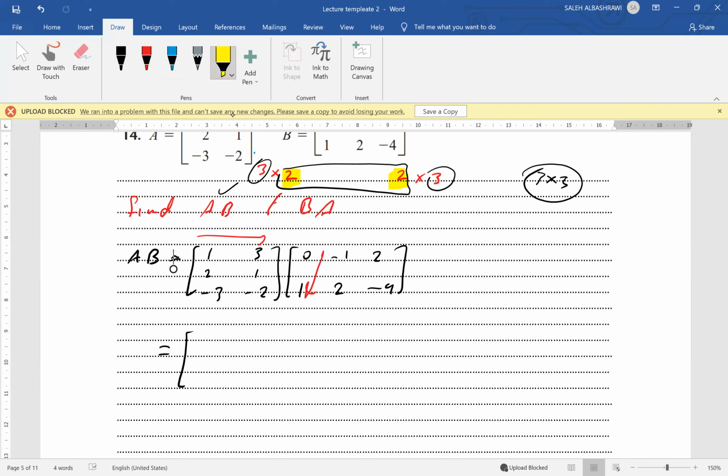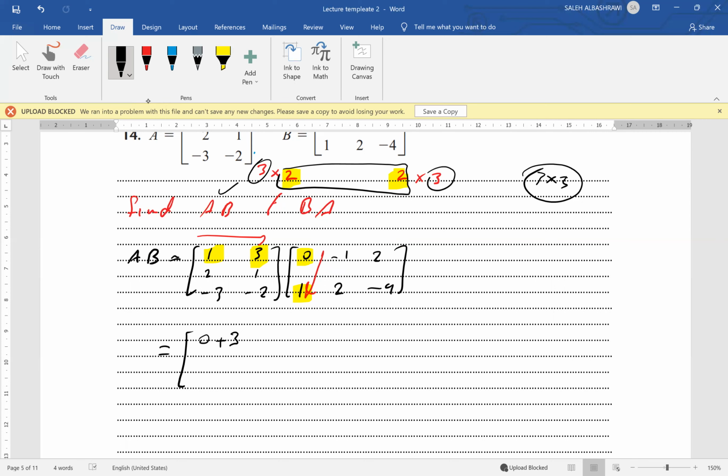So the first row: 1 times 0 will give me 0, plus 3 times 1 is equal to 3. So the first element is coming from the first row multiplied by the first column. So it is 0 plus 3.